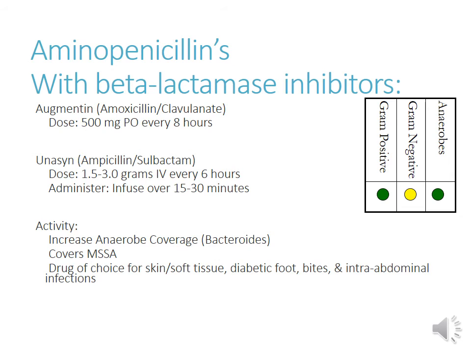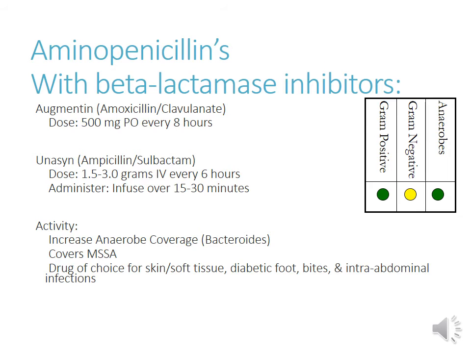So adding an aminopenicillin plus a beta-lactamase inhibitor really does wonders to increase its coverage. The two big ones you're going to see in this category include Augmentin, which is amoxicillin plus clavulanic acid, and then you're also going to have Unasyn, which is ampicillin and sulbactam.